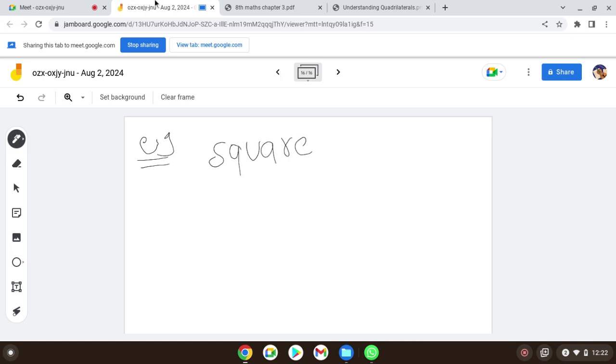Square has the same sides, and square has the same angle. What is the angle of a square at each corner? 90. Very good. 90 here, 90 here, 90 here, and here too, and these sides are all equal with each other. This is the best example, square as a regular polygon.